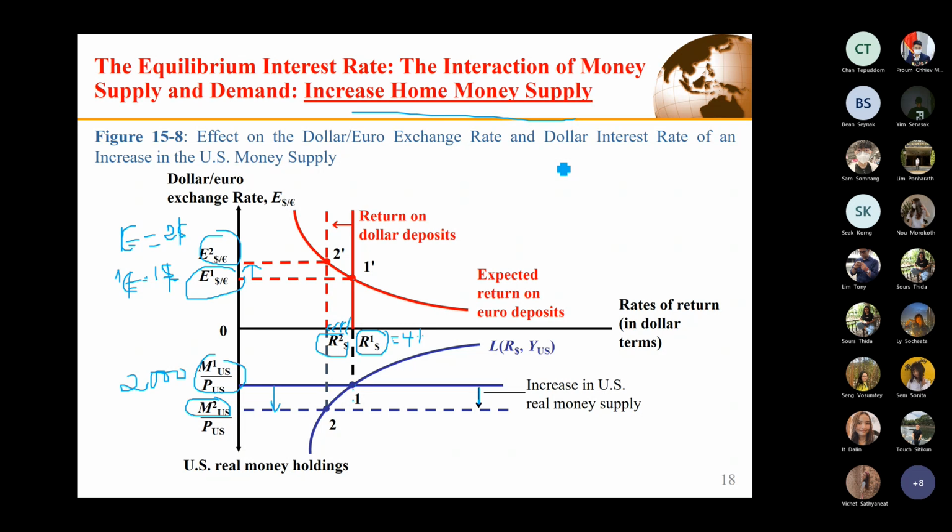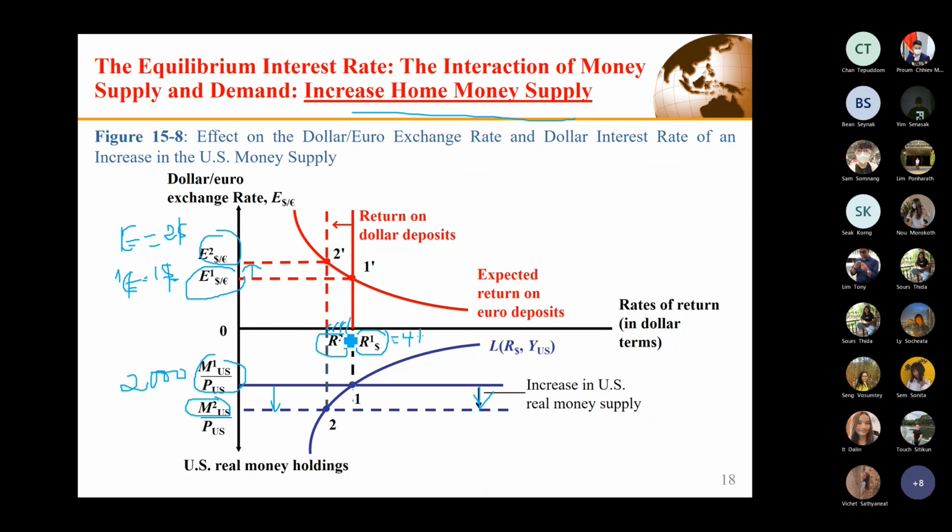Yes. Okay. So firstly, when the central bank increases money supply, we are moving from equilibrium at point 1 to point 2. We are moving because the central bank in the US prints more US dollars and puts them into the economy. So interest rate would be lower. Why is interest rate lower?